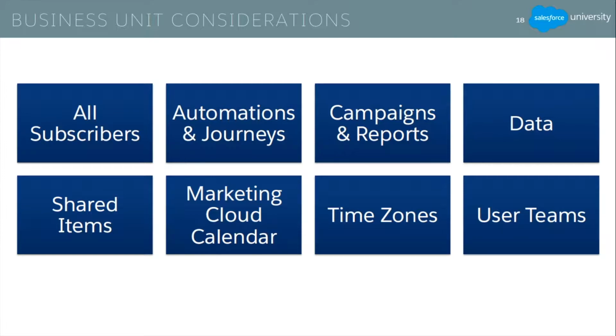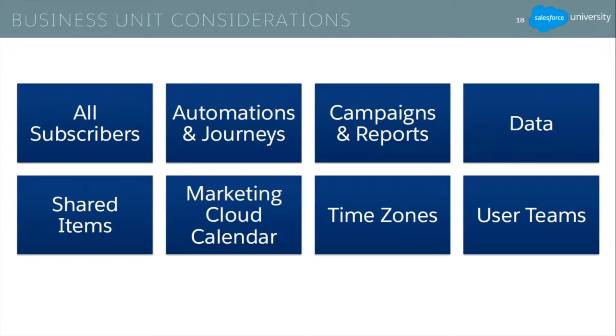So if we want to be able to see everything all in one, then we probably don't want to keep them in different business units. However, if we have users who have very distinct assets and collateral and they don't want to work together, we very well may find ourselves working in different business units. If the data is drastically different between the lines of business, then that's another primary reason why we will have different business units.